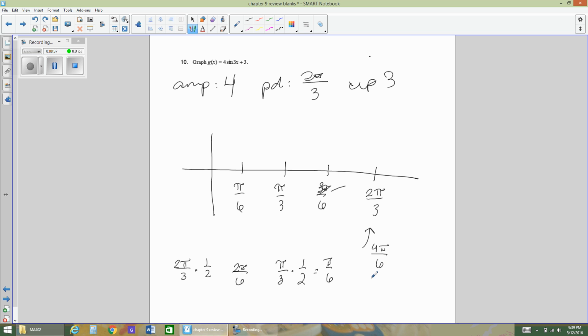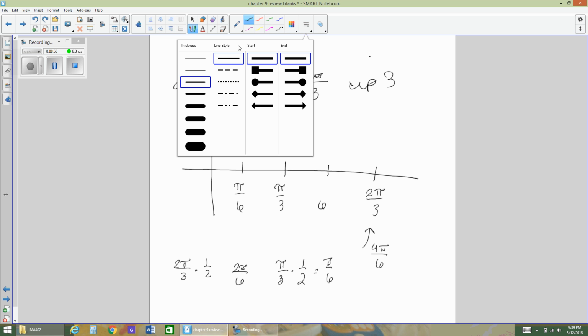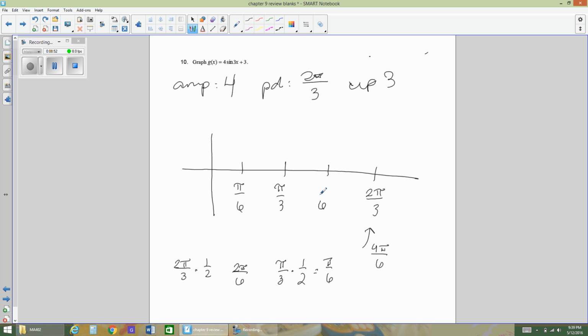And does 4 over 6 reduce to 2/3? Yes, it does. Okay, I'm going to erase that mess because who can even read it? That was 4 pi, much better, over 6.